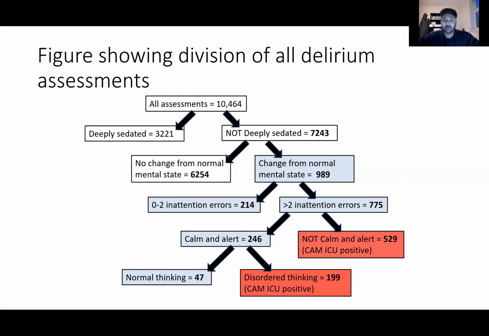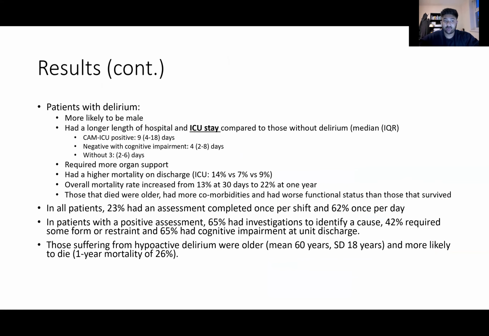However, it is very common to ignore those that may have some inattention errors or disorganized thinking, but this unfortunately does affect the outcome of patients, and it's been shown that they do have a higher mortality compared to those who have no issues during their stay and have normal thinking throughout.